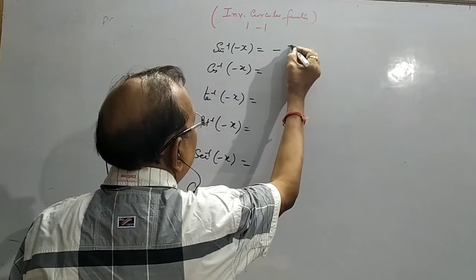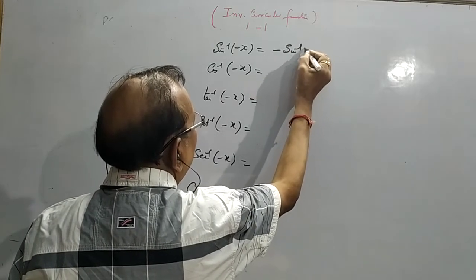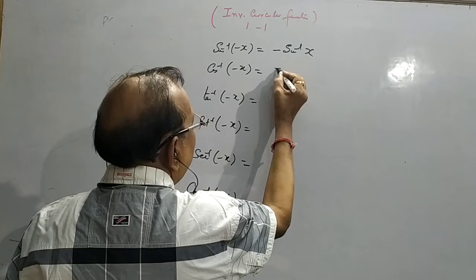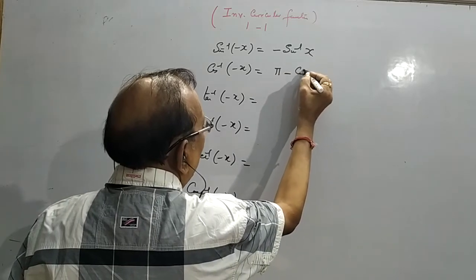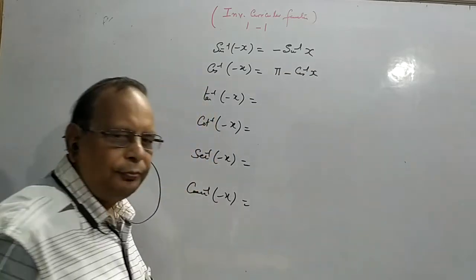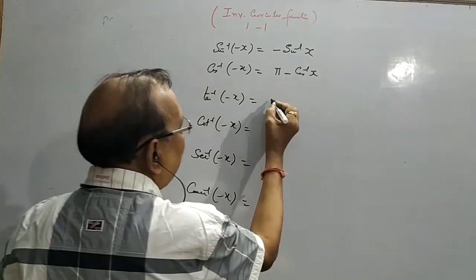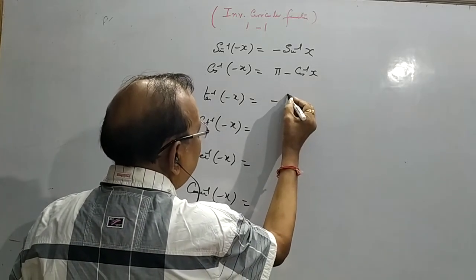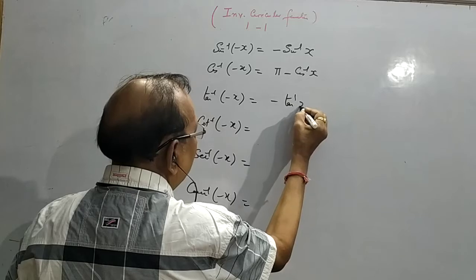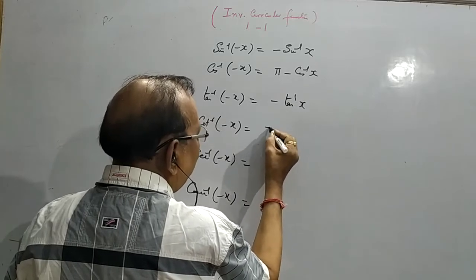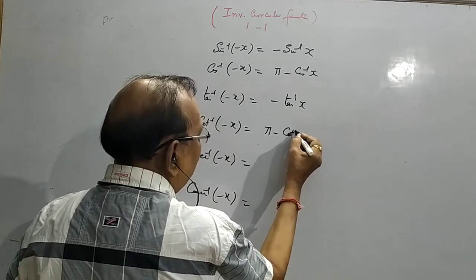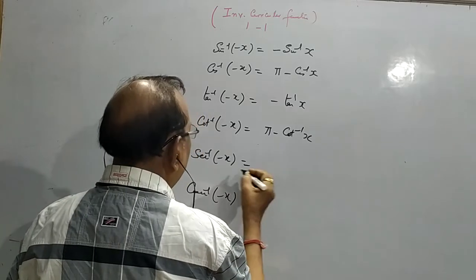It is minus sine inverse x. Now, pi being added here, minus cos inverse x. Here only minus will come out, that is minus tan inverse x. Here pi will be added, pi minus cot inverse x.